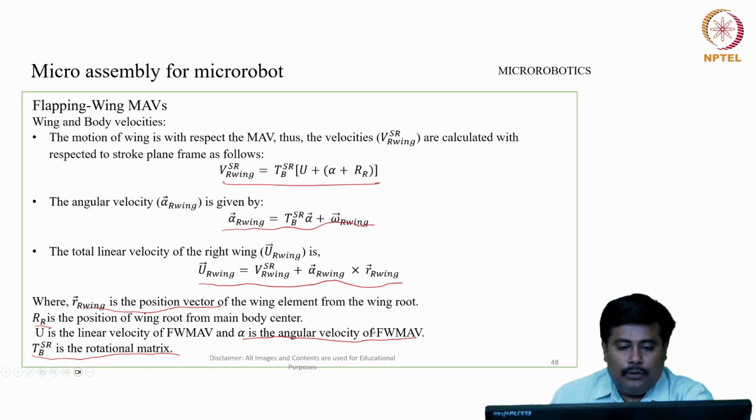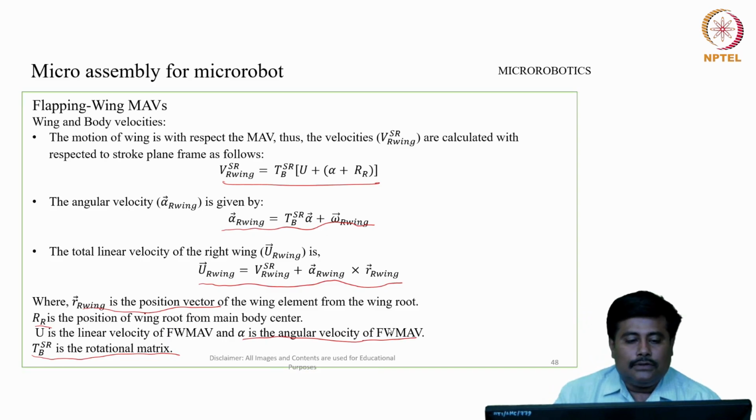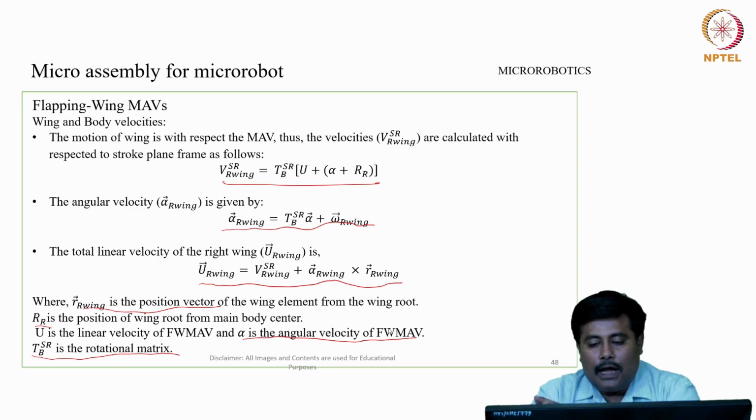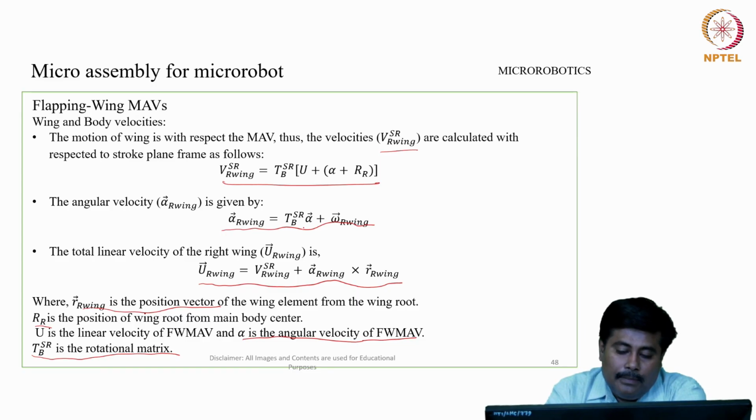Now, when we look into the wing and body velocities of the flapping wing MAV, the motion of the wing is with reference to the MAV, so the velocities are represented as VSR wing, calculated with reference to the stroke plane frame as VSR wing equals TSRB times U plus alpha RR. The angular velocity AR wing is given by TBSR alpha plus omega wing.